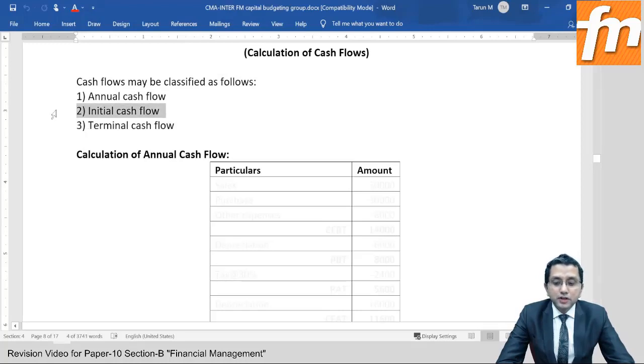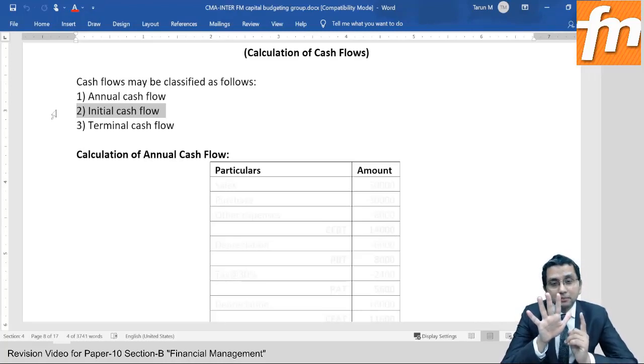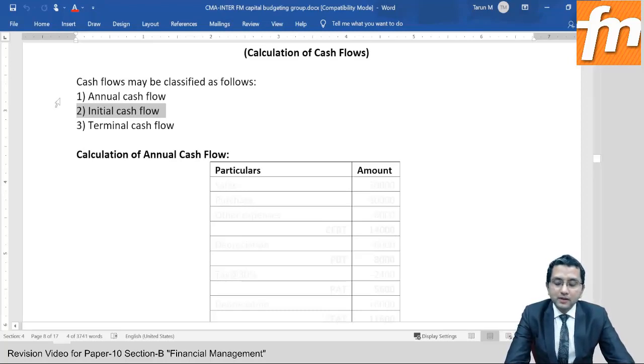At the start of the project, the various cash flows that occur are named initial cash flow, like purchasing the land, constructing the building, buying the machinery, fixtures and furniture, buying vehicles, making investment in working capital. All these cash flows are called initial cash flows. Then the most complex calculation is of annual cash flows, which we are going to learn. What do I mean by terminal cash flow?